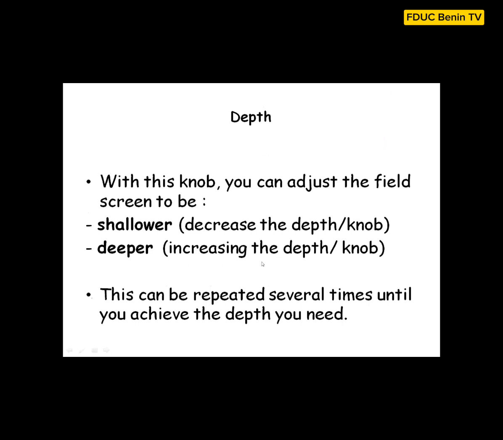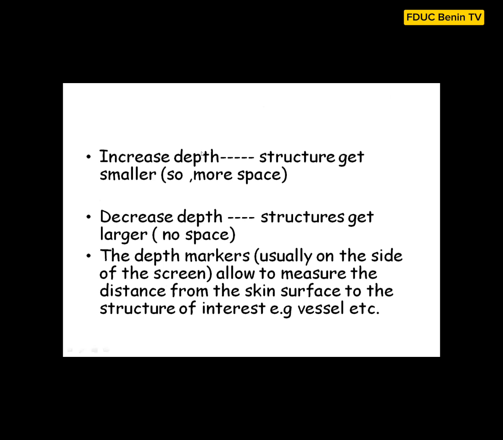So you have to repeat all these movements as you scan, depending on the depth that you really want. For example, if you increase the depth, then the structure will get so small. Then you find out that you have a lot of dead space, and you don't want that. If you decrease the depth, then the structure will get so large that it's as if the structure is occupying the whole screen.